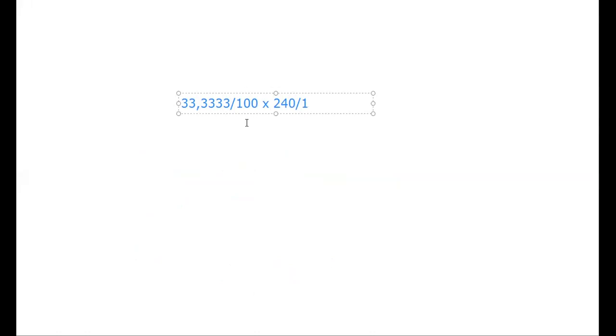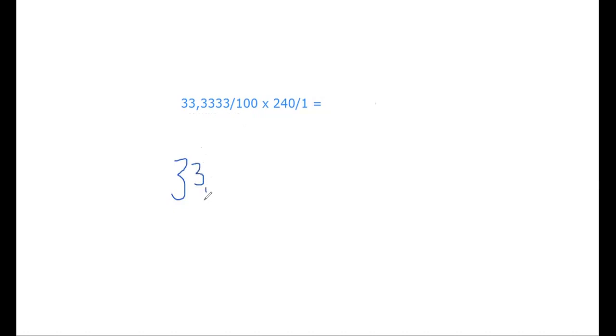And then after this, we need to simplify, because when we multiply fractions, we need to simplify. That's very important, right? So let's write it down right here.